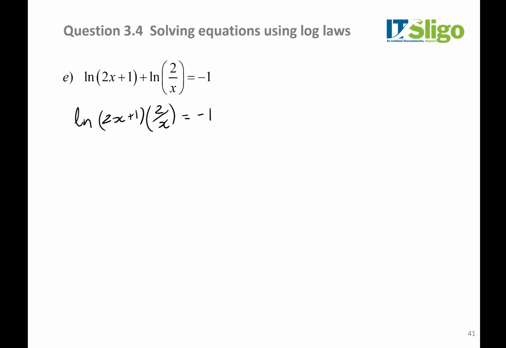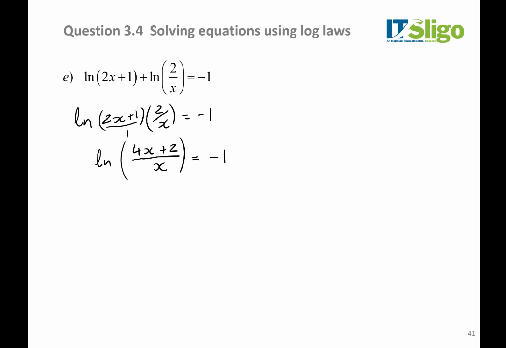Now remember with fractions, it's top by top, bottom by bottom. So when I multiply the top line by 2, I'm going to get 4x plus 2, all divided by x. So just put brackets around there.